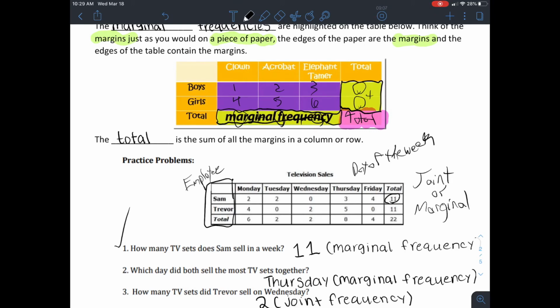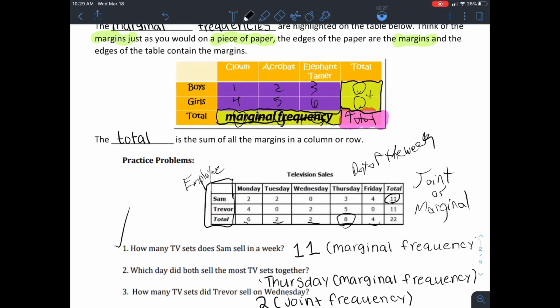So which day did they sell the most TV sets together? So Monday they sold 6, Tuesday they sold 2, Wednesday 2, Thursday 8, and Friday 4. Well, it looks like they sold the most TVs on Thursday. All right, so Thursday, that looks right.